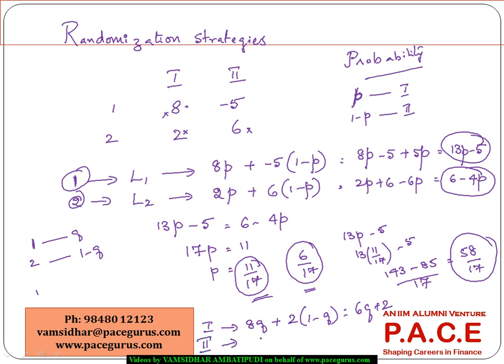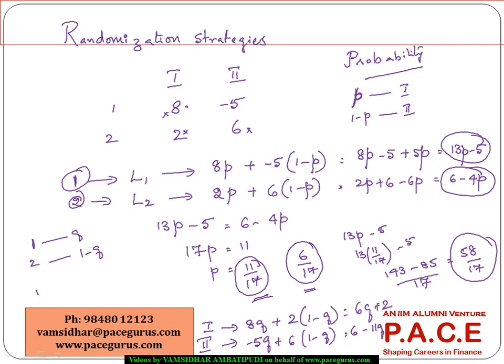If A chooses 2, B is going to make a gain of minus 5 with a probability of Q, and a gain of 6 with a probability of 1 minus Q, resulting in 6 minus 11Q.